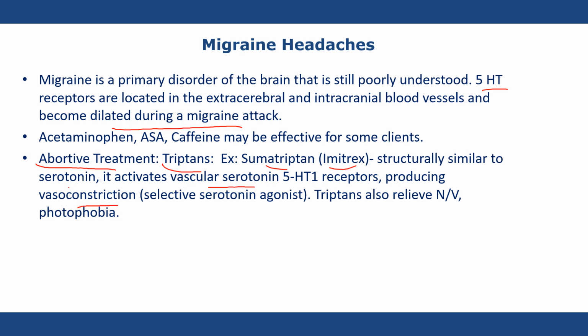And remember here, the pathology, we were saying that it may be due to vasodilation, right? So we are going to constrict that. And the beauty about triptans is not only do they abort the headaches, but they also minimize some secondary symptoms that come along with the headache, such as nausea, vomiting, photophobia. So that's a good thing for these patients.